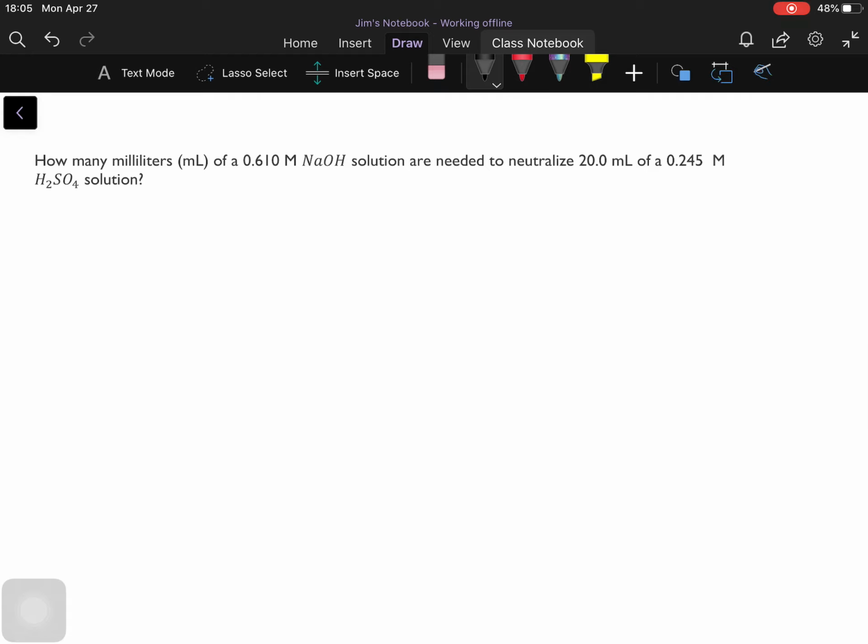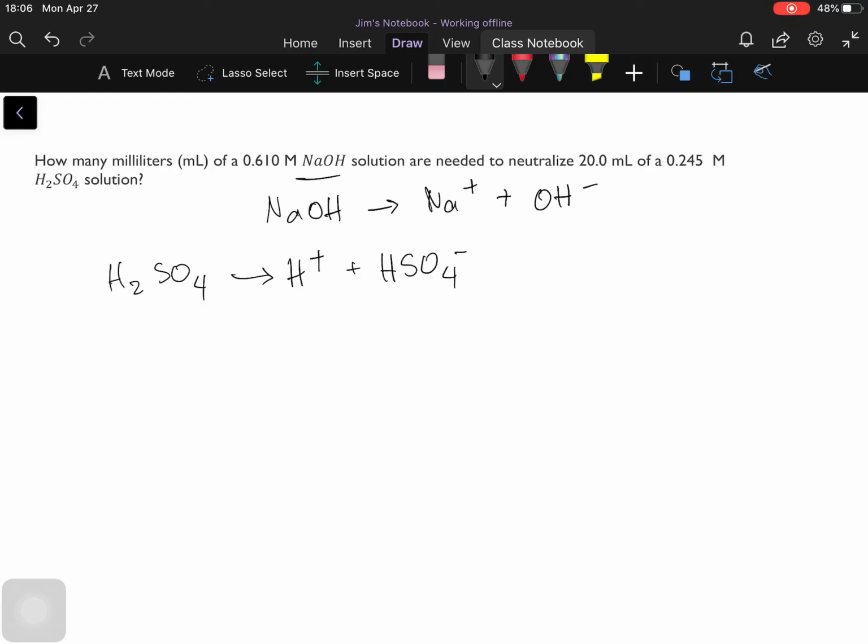Sodium hydroxide is a monobasic substance. It will produce Na plus and OH minus. Sulfuric acid, on the other hand, is a diprotic acid. Looking at the subscript of the hydrogen, that's 2. So the first dissociation would be the dissociation of one hydrogen producing a bisulfate substance.